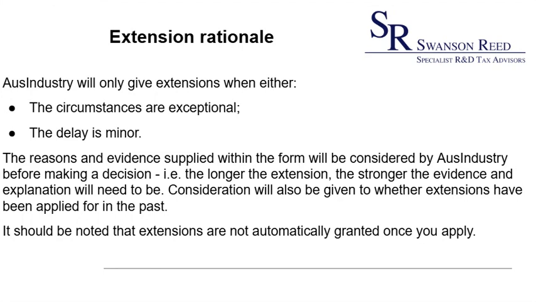The reasons and evidence supplied within the form will be considered by Oz Industry before making a decision, i.e., the longer the extension, the stronger the evidence and explanation will need to be. Consideration will also be given to whether extensions have been applied for in the past. It should be noted that extensions are not automatically granted once you apply.